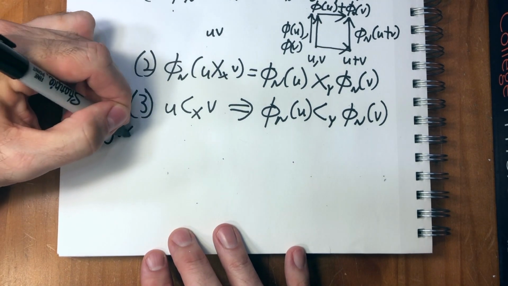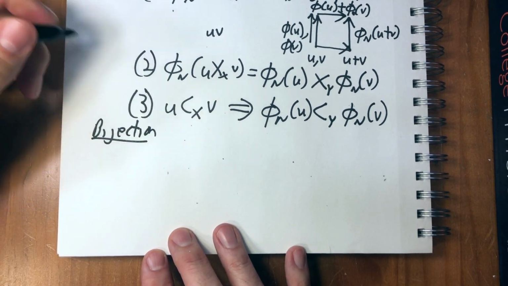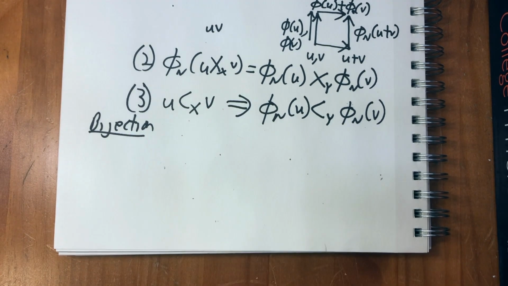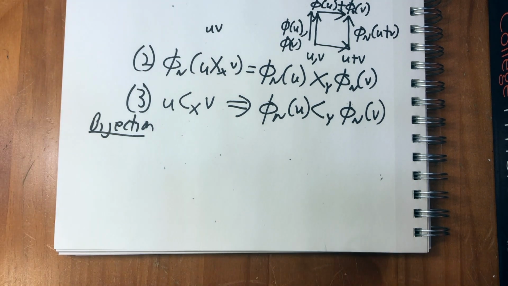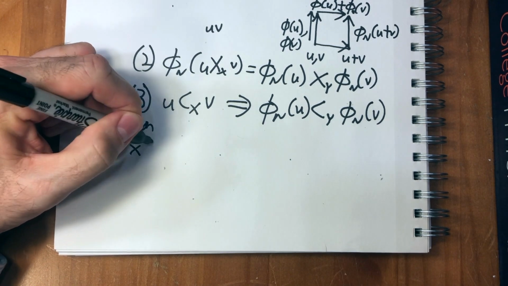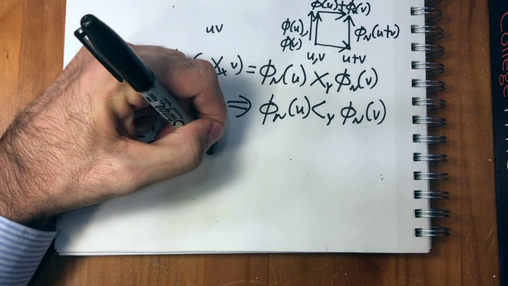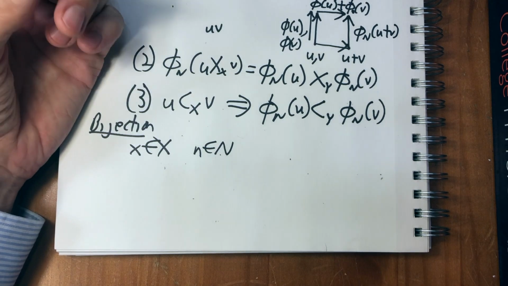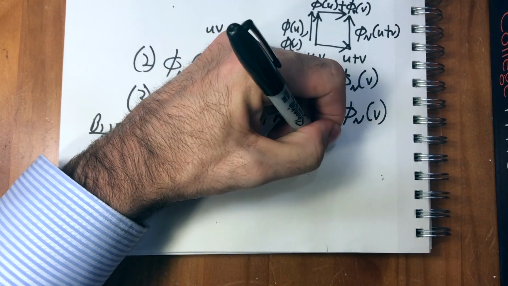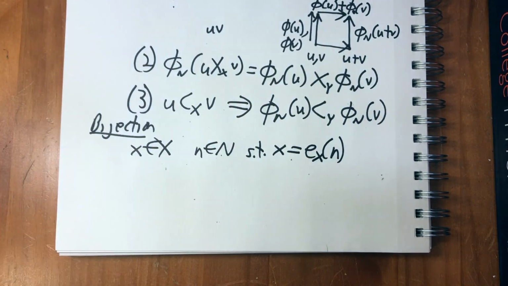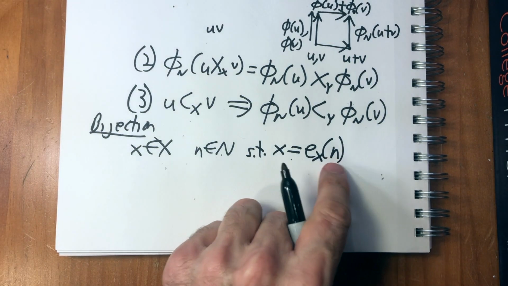Bijection. So we have to show for a bijection that the map is well defined and that it's onto and one-to-one. So here, just to see that it's well defined, we can see that for every x in x, there's at most one n such that x equals e to the n, embedded in x.